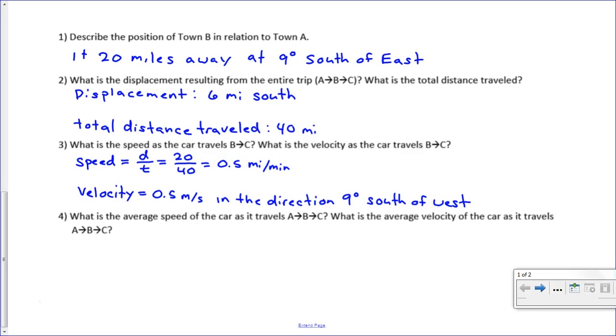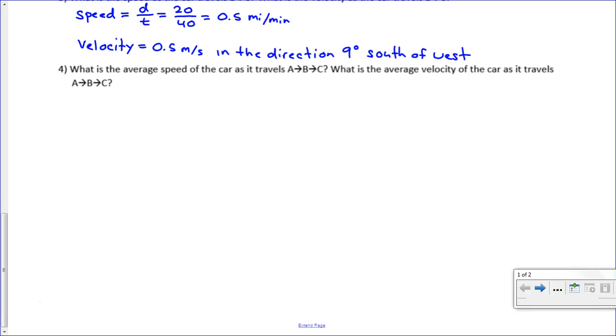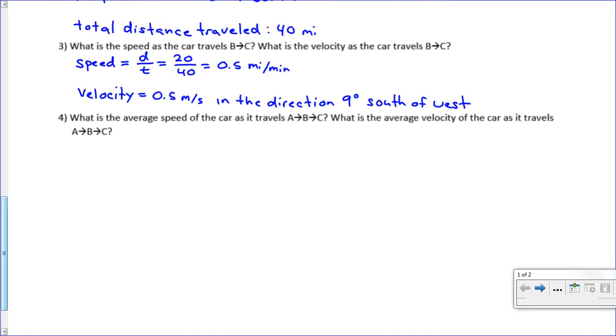Alrighty. Down here in the bottom, it's asking for the average speed and the average velocity. So average speed, which we can denote with an S with a bar above it, again equals the total distance traveled over the time. Which in this case, if we're looking at A to B to C, the total distance traveled is 40 miles.